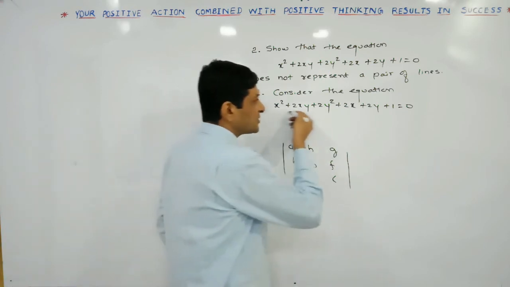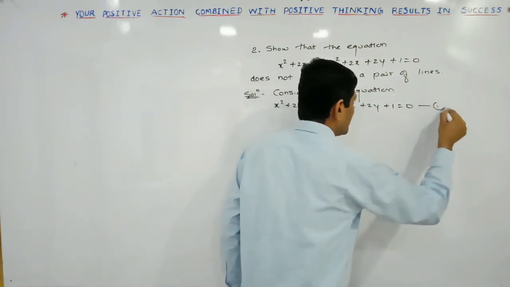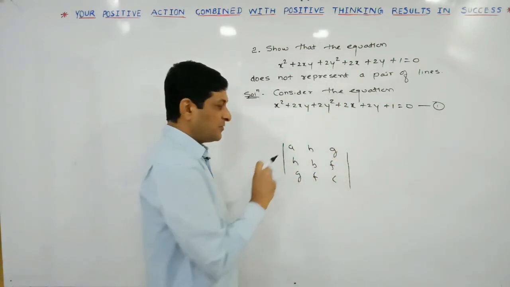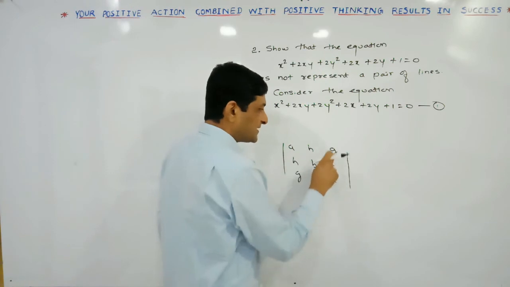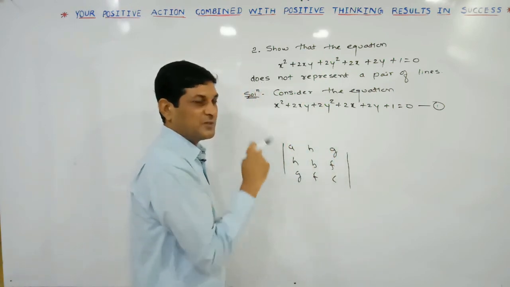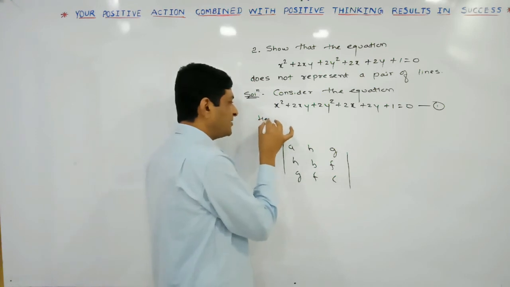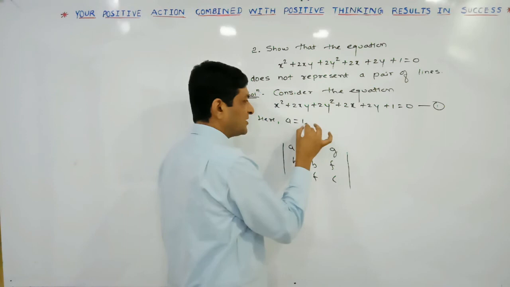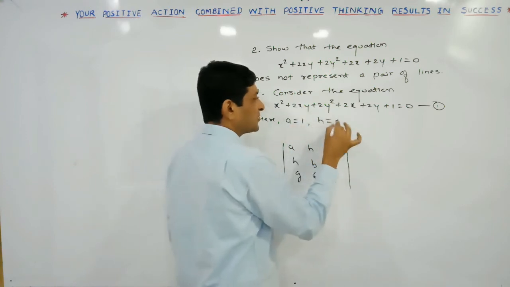So let us denote this equation as equation number 1. To find the value of this determinant, we will require the values of a, b, c and h, g, f, which we will get from this equation. So see what values we are getting here. Here a means what? Coefficient of x square, that is 1. h means what?